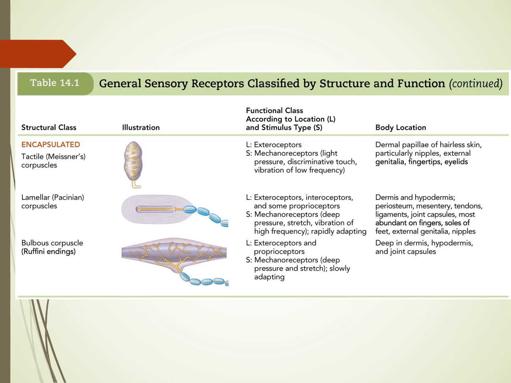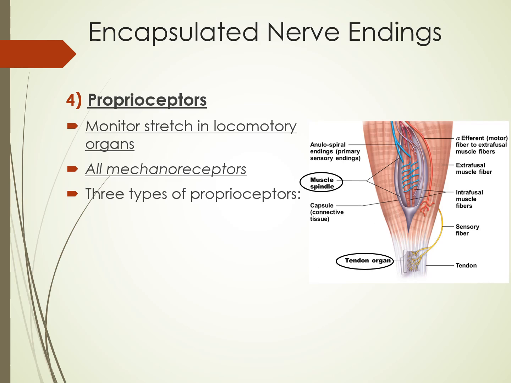So again, it's a little bit different, but they're very similar to the lamellar corpuscles. Here's another table that really breaks down our encapsulated sensory receptors to show you where they are located, what kind of stimuli they pick up on, and where in the body they're found. So again, you can see the differences between them here.